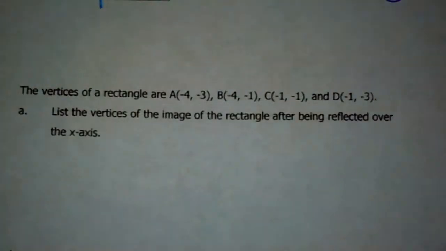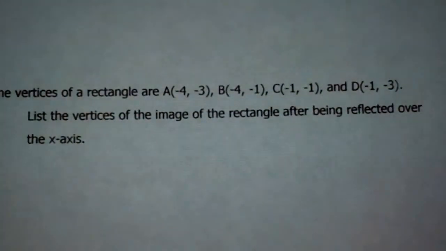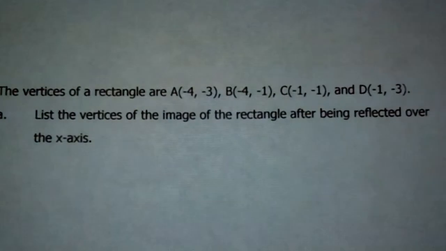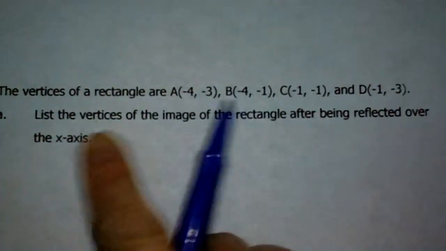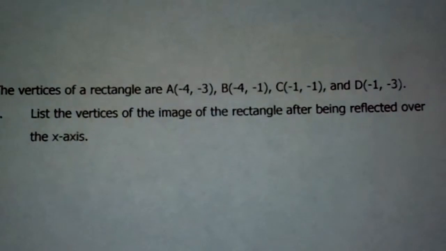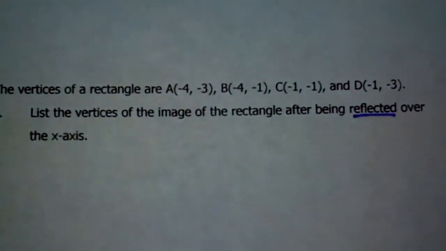All right, in this one, it says the vertices of a rectangle ABCD, those are all the ordered pairs listed. List the vertices of the image of the rectangle after being reflected over the x-axis. So we learned that when we're dealing with reflections, and again, this only works with reflections.